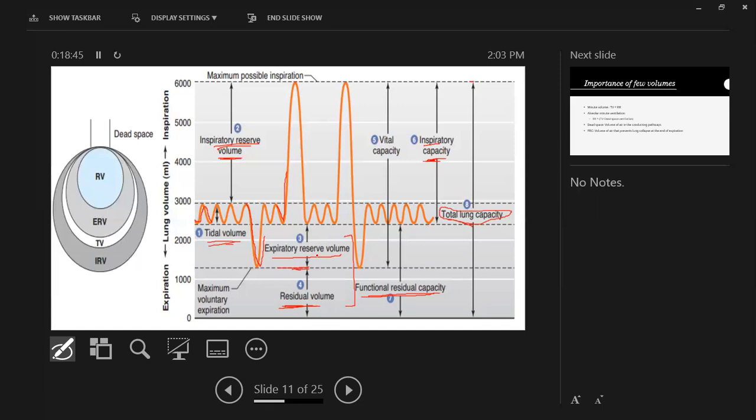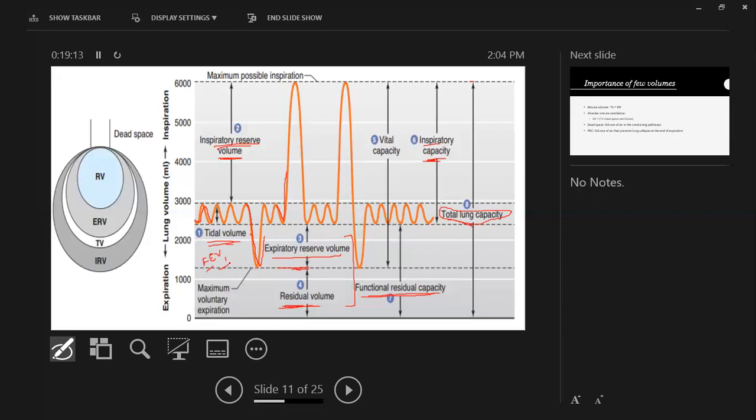When the patient is forcibly expiring out, the volume that comes out in the first second is your forced expiratory volume in the first second, FEV1. I think all of you must have come across this during your reading through asthma, isn't it so? So this is an indirect measure of resistance of airways.